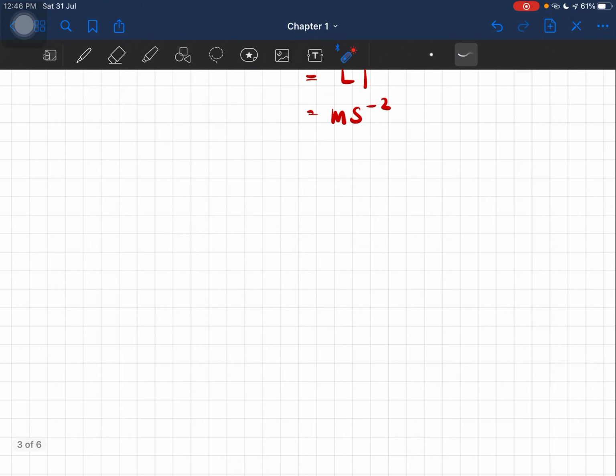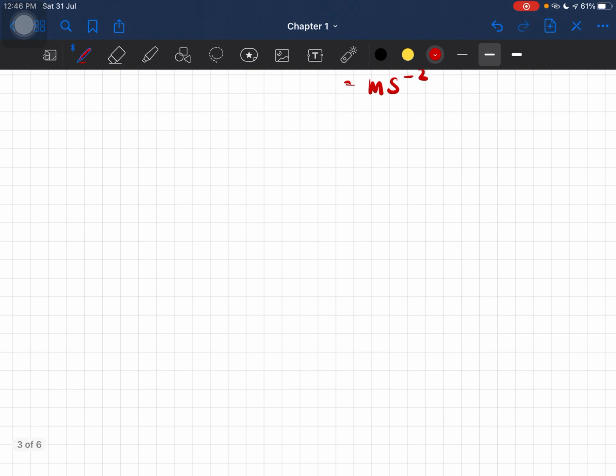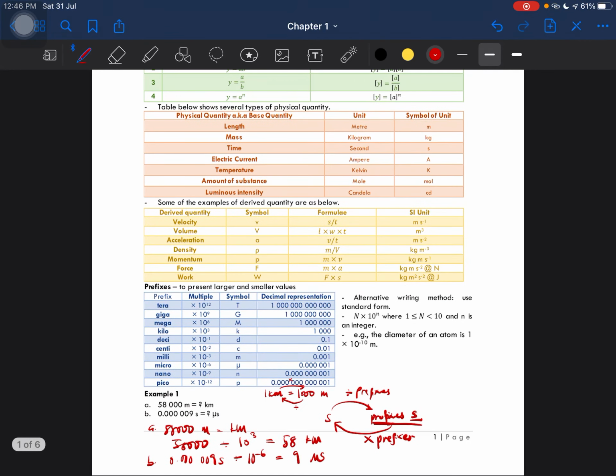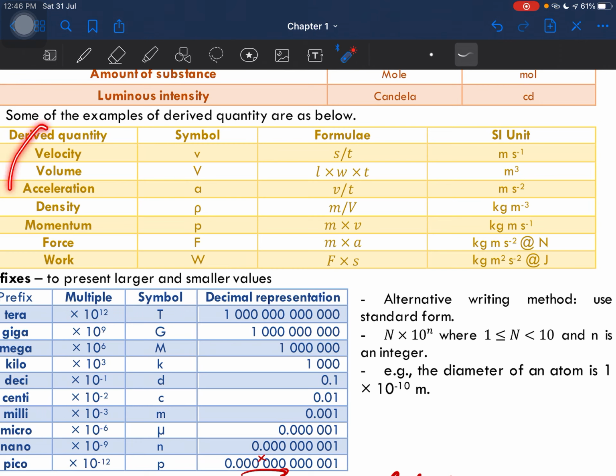Okay, alright, next one is force. So force is equal to, if you are confused, I've given you the formula here, which is this table.